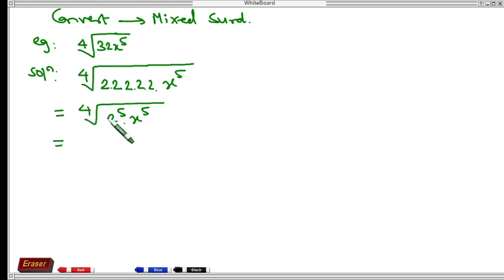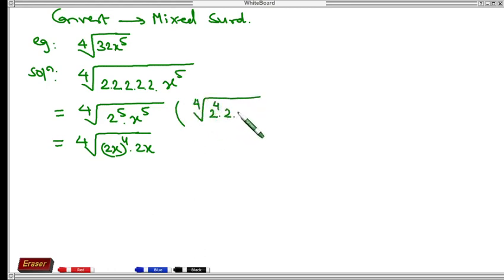If the order is 4, then express this in terms of 4th roots: 2 to the power 4 times 2, and x to the power 4 times x. I have jumped here, but I'll make it clear. Because the order is 4, we can take a factor out from this radical sign.